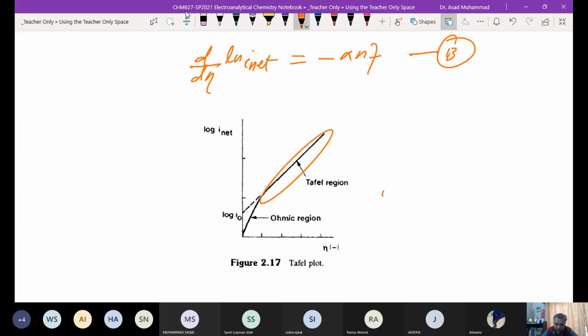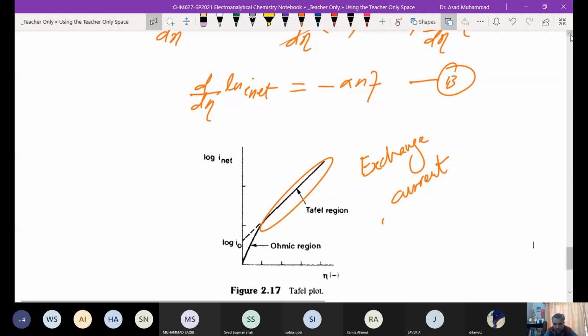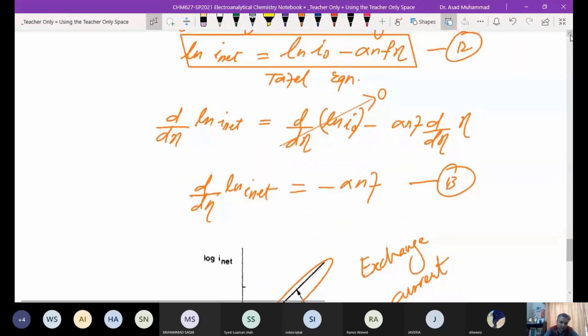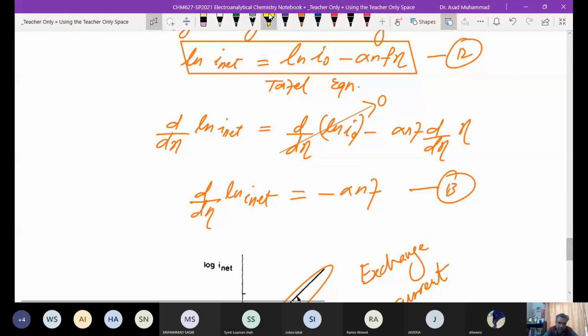So you can measure the exchange current from this plot, and then by using this exchange current in the equation that you have over here, if you put in the values, you can get the value of the transfer coefficient.